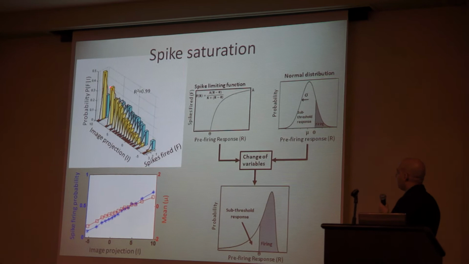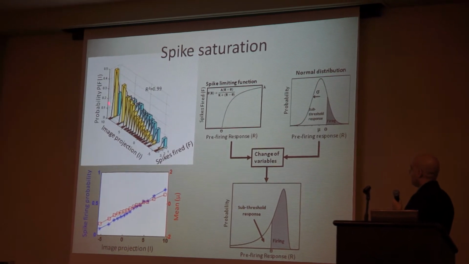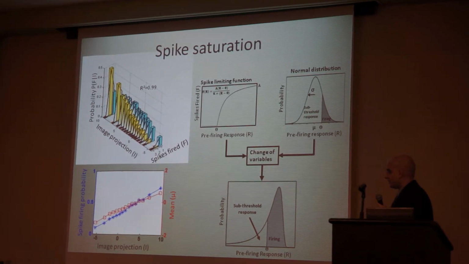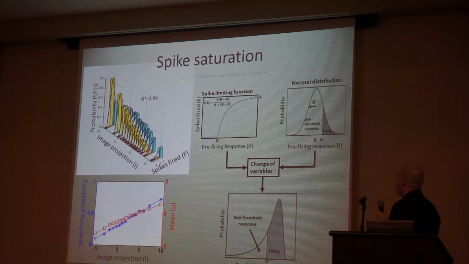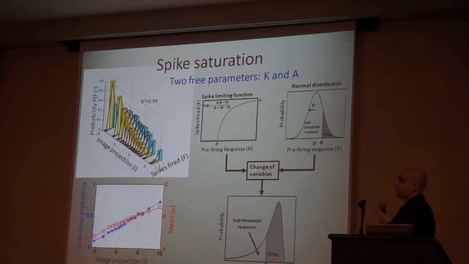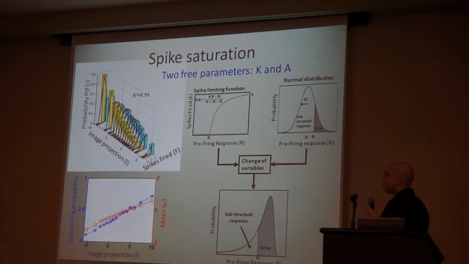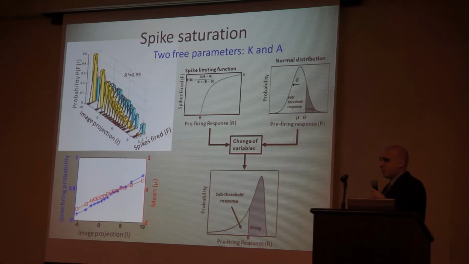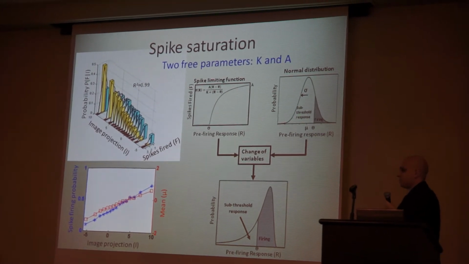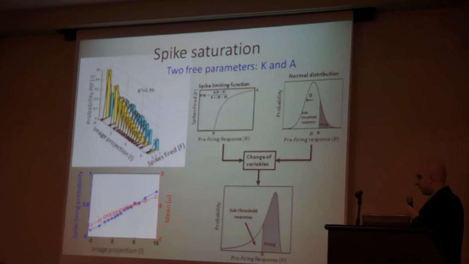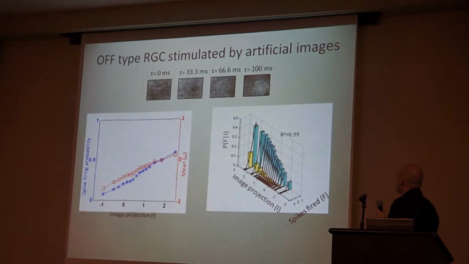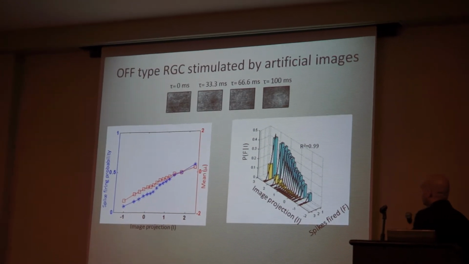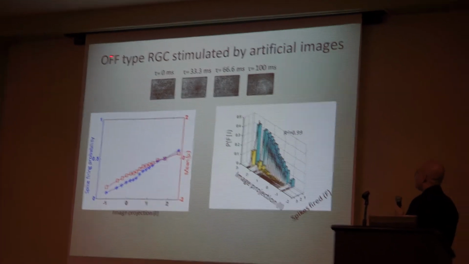So you can see the fit in the black line rising and falling, capturing the spike saturation. And we were able to get those fits with only two free parameters, the K, which controls the sensitivity to saturation, and A, which controls the maximal firing rate. So just to show how robust our model is, this is an off-type cell.